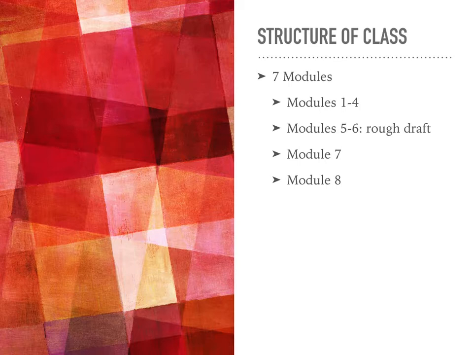Do it for the grade level that you teach. In modules 5 and 6, you're going to write the rough drafts for that ABC curriculum project. Module 5 is steps 1 through 3 in the ABC process, and module 6 is steps 4 through 11, and you'll do those as a rough draft.